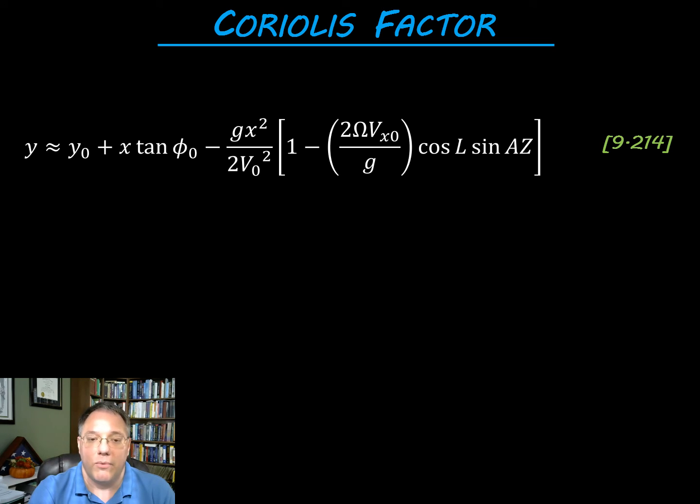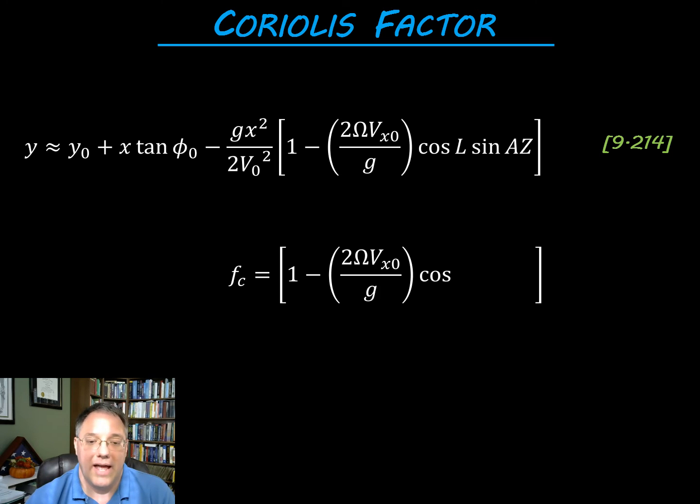That's equation 9.214. Now from that, we can define this f sub c variable, just as that new part that we added in, and we're going to call that a Coriolis factor. So if you're reading something about, or you're given a value for a Coriolis factor, that's f sub c, and that's an entire part of the term there on the motion, defined in 9.215.